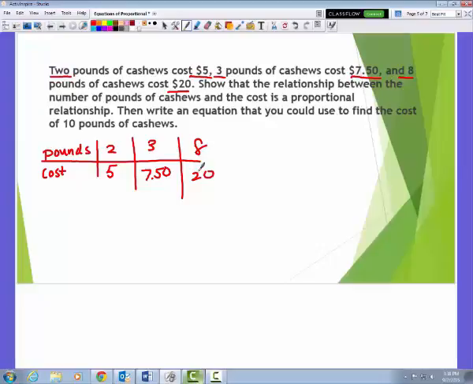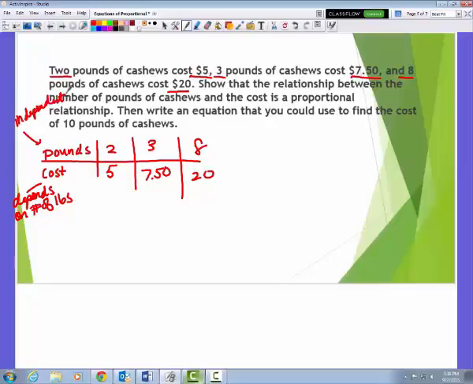Now, the cost depends on the number of pounds. So we're going to say this is my independent variable right here.